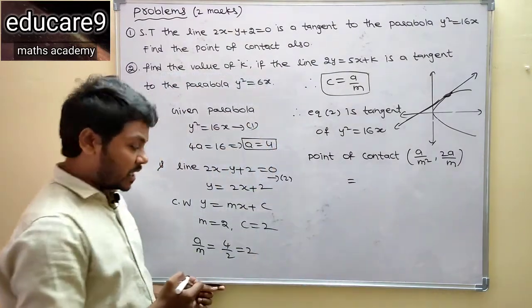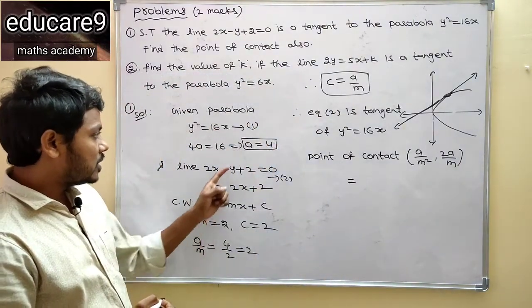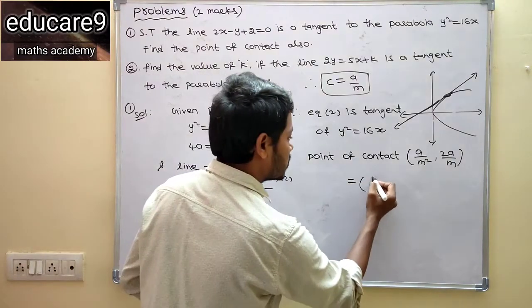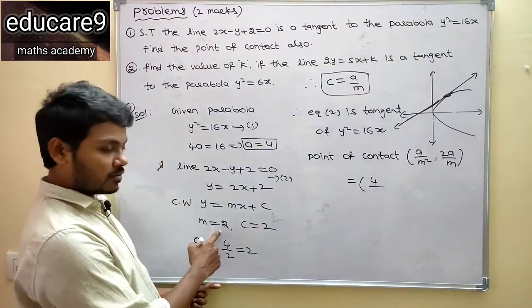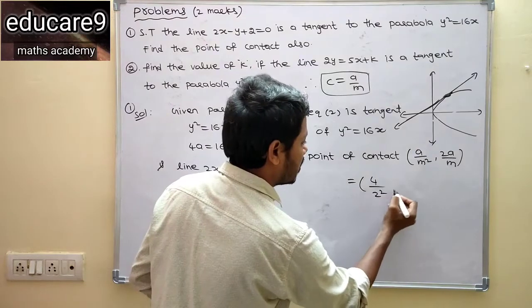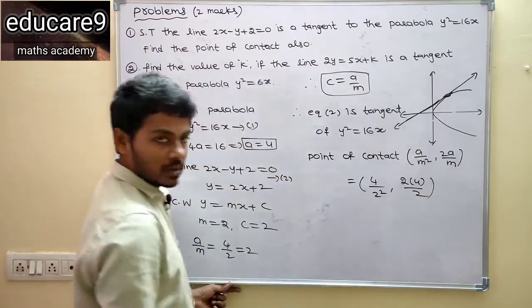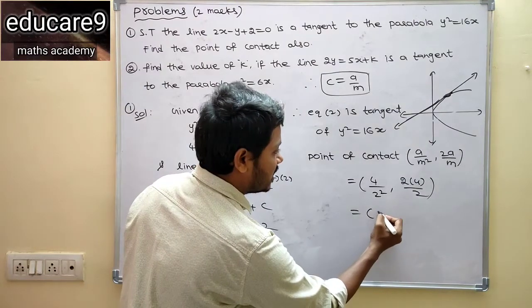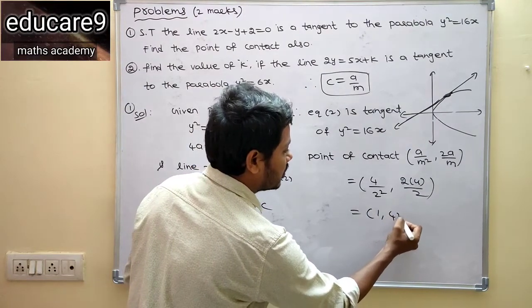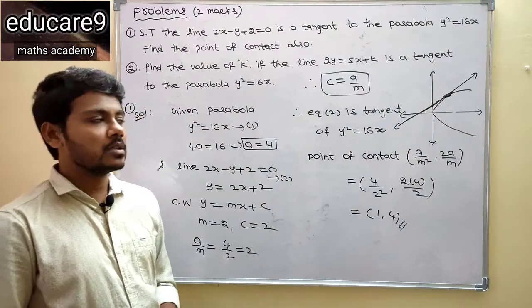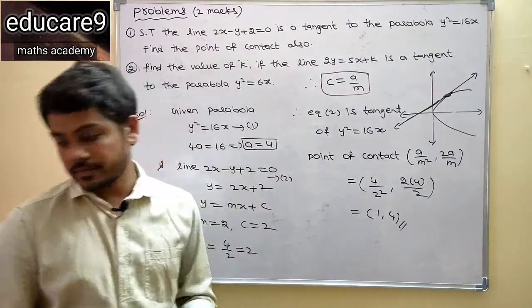What is the a value? A is equals to 4. So 4 by m square, 2 square comma 2a, 2 into 4 by 2. So therefore the point of contact is 1 comma 4. So this is the required answer.